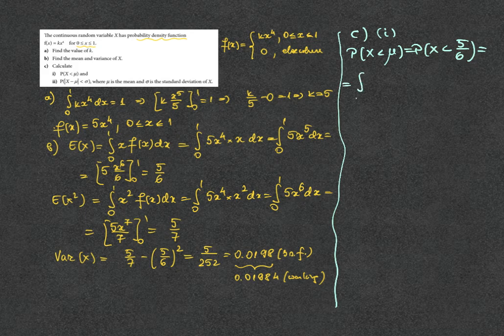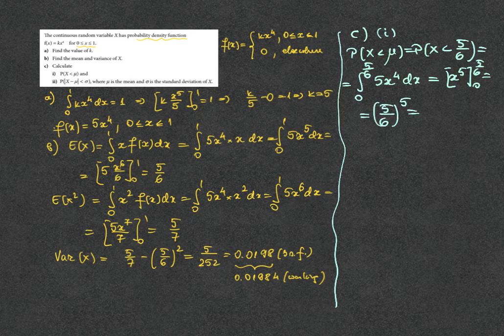So it's going to be the integral from 0 to 5/6 of f(x) dx. So it's x^5 from 0 to 5/6, which is (5/6)^5, which is 0.402 to 3 significant figures.